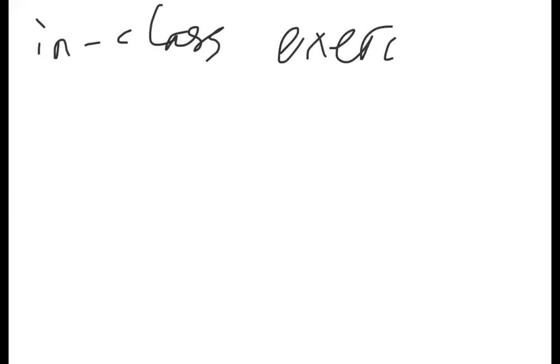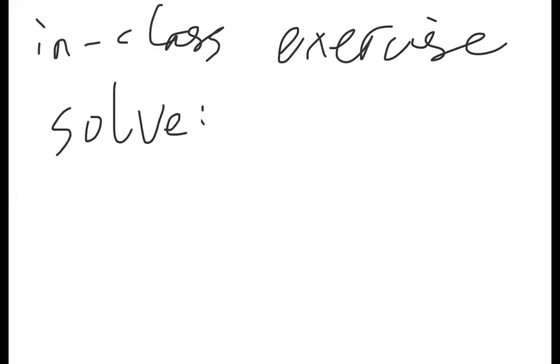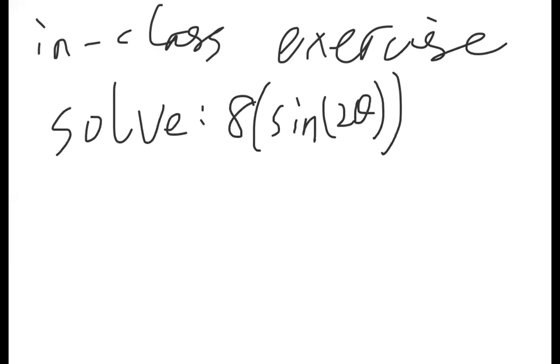Okay. So you have an in-class exercise. Solve 8 times sine of 2 theta minus 7 cosine theta equal to 0.